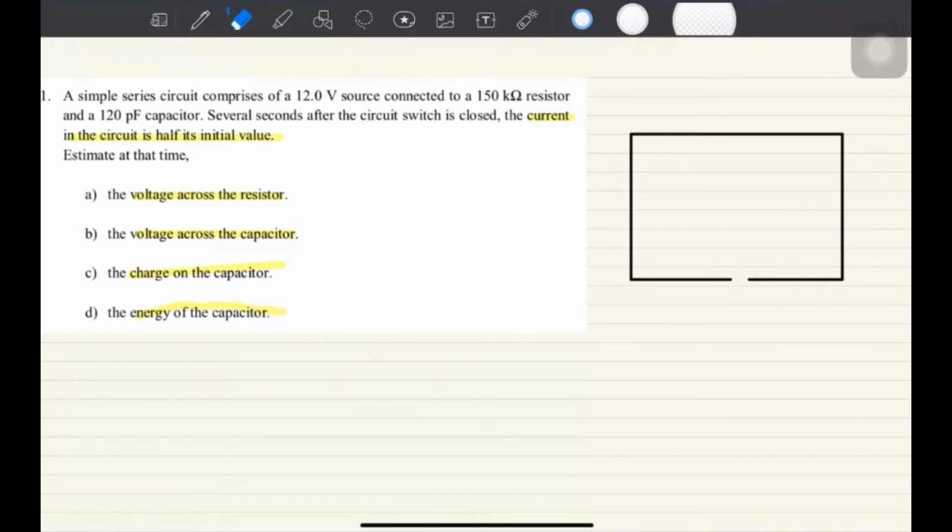Dia ada resistor and then capacitor. Okay. So dia kata power supply, let's say V sama dengan 12 volt.